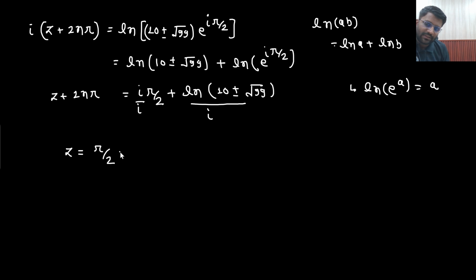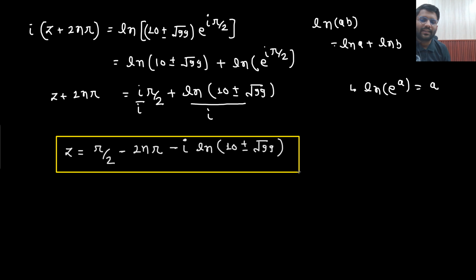This 2n pi comes to this side, minus 2n pi, but it doesn't matter, n is an integer. So here you put minus or plus, doesn't matter. This iota goes upside, so this will become minus iota. 1 by iota means minus iota. So minus iota ln of 10 plus minus under root 99. This is the answer of z you are getting.